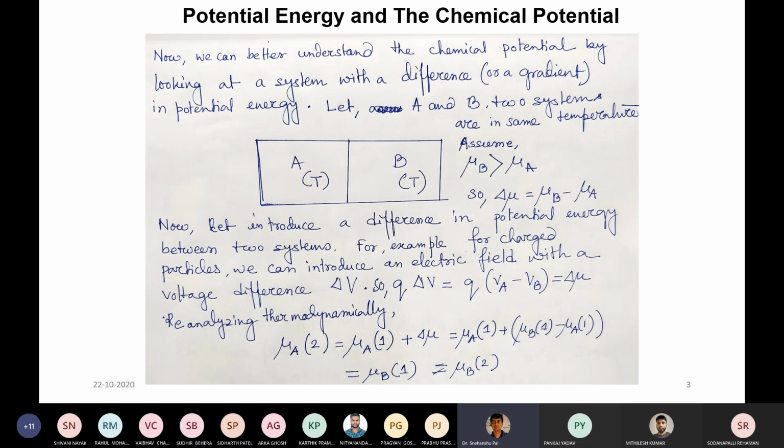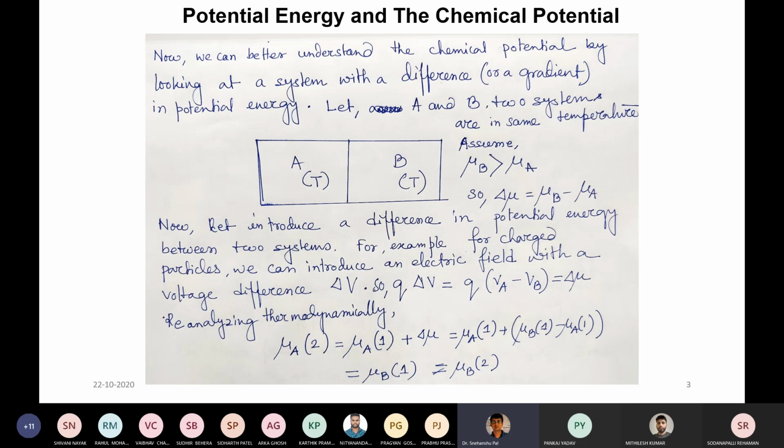This means that the energy of every state in the system is changed by del U, and that is equal to Q del V. This means that the chemical potential in system A, in state 2 after the voltage potential is applied, compared with state 1, can be expressed as I have written in the slide.